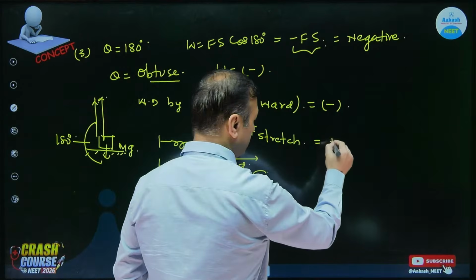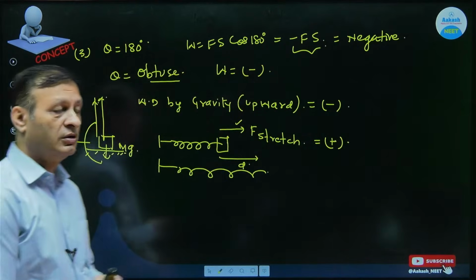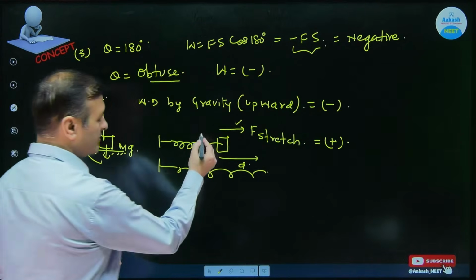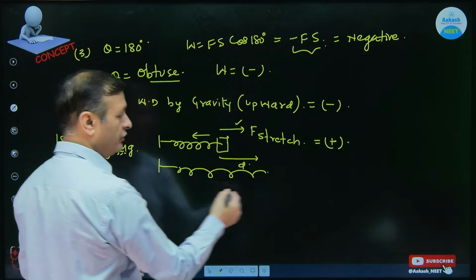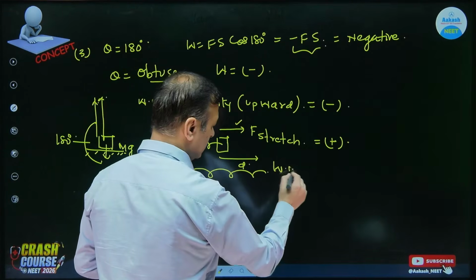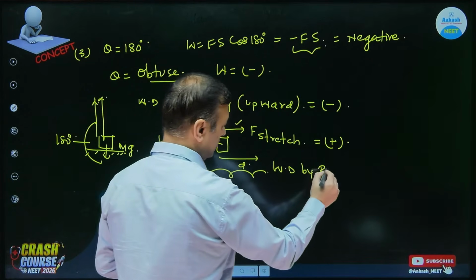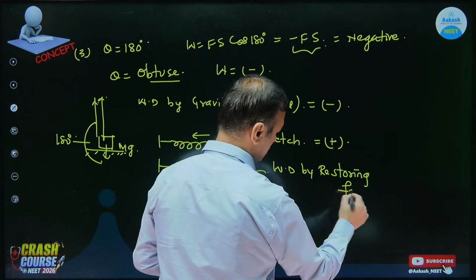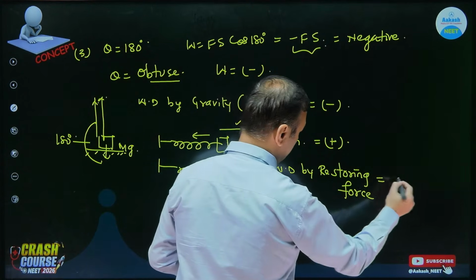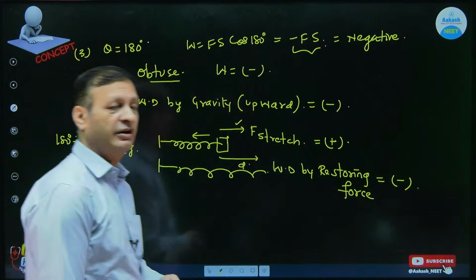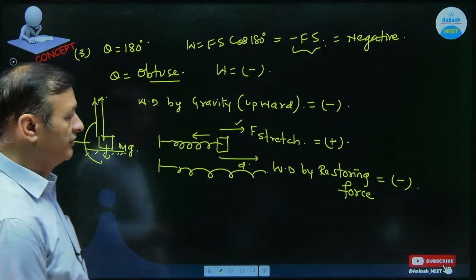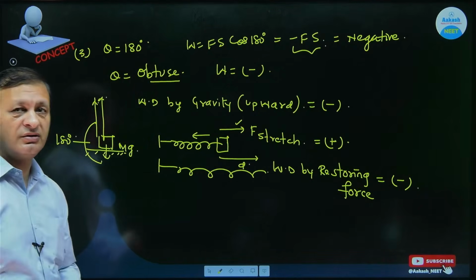So work done would be positive when you are talking about work done by the stretching force, whereas the restoring force is opposite. So the same work done by the restoring force is negative. So this is how we'll be calculating the work done.